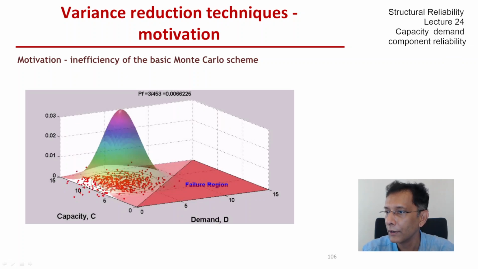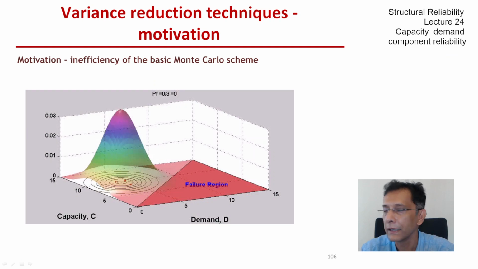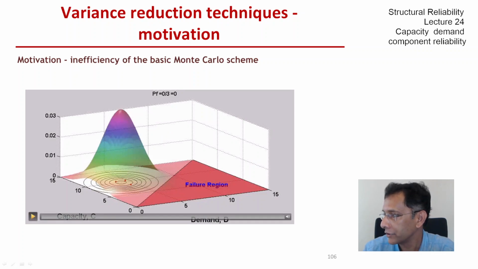So we have started generating points, and you can clearly see that most of these points have fallen in the safe region, and it appears something like about 11 points out of 1,000 fell in the failed region.